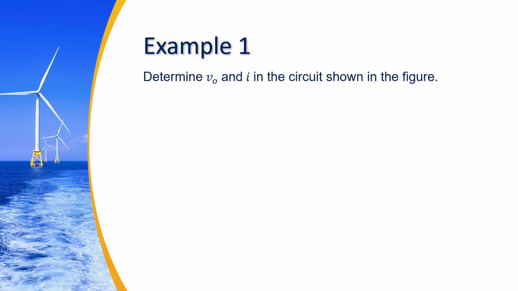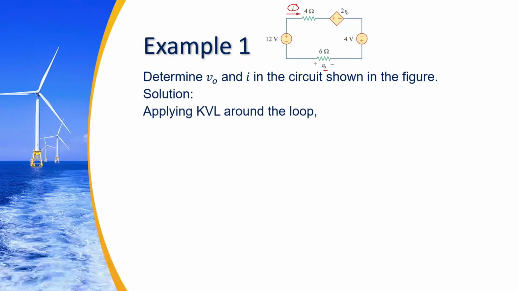So, let's proceed sa example 1. So, determine V out and I in the circuit shown in this figure. Okay? So, ang hanapin daw natin itong value ng VO at ng current natin. So, for the solution, apply tayo ng KVL around the loop. Okay?